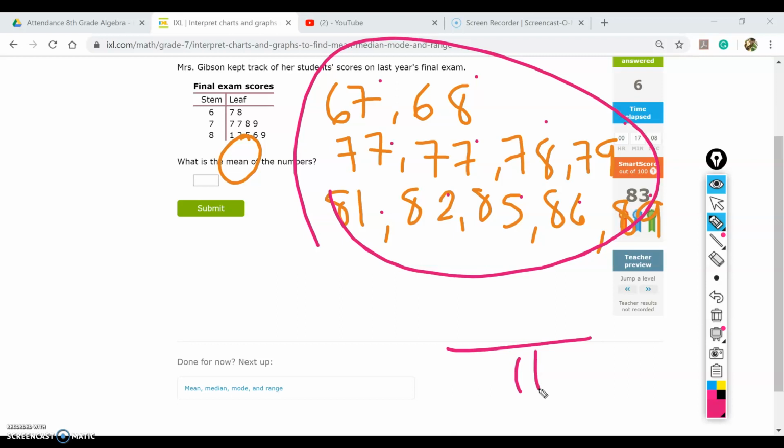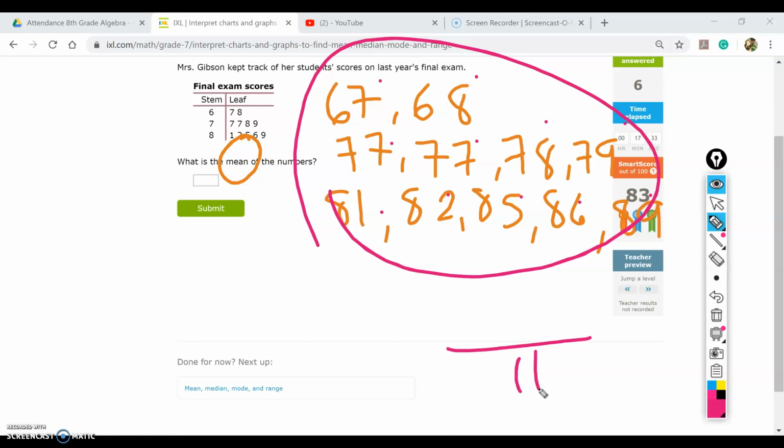If I add them, I would have 67 plus 68 plus 77 plus 77 plus 78 plus 79 plus 81 plus 82 plus 85 plus 86 plus 89. Let me count them. 1, 2, 3, 4, 5, 6, 7, 8, 9, 10, 11. I did it right.